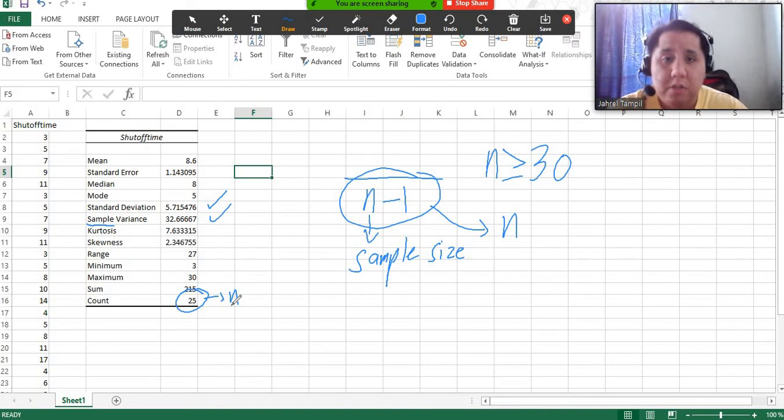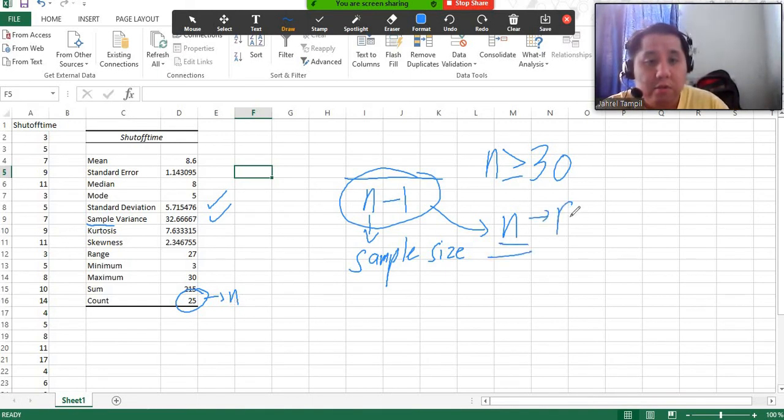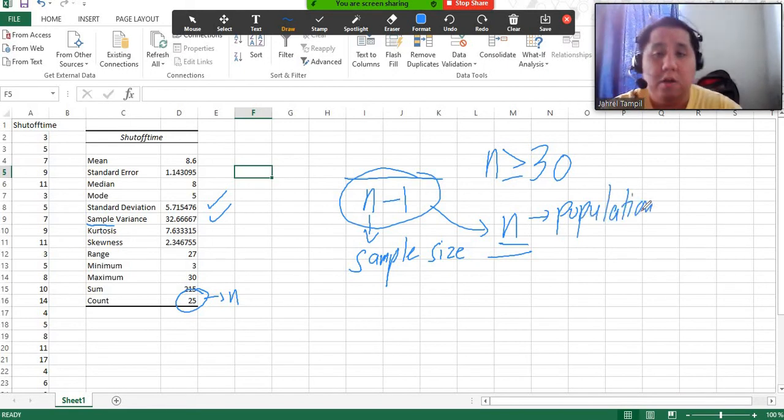You might be wondering, sir, how come we use n only for population, and n minus 1 for sample? That is to reduce the bias in the computation of this variance, which is beyond the scope of this course. Just to summarize, what Excel shows is the sample variance because its default is using n minus 1.